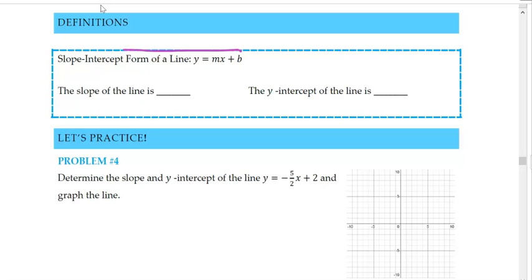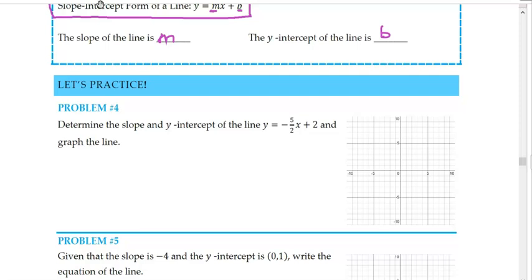All right, on this one, the slope of the line is m. Okay, not the x. The x isn't part of it. It's just the m. And then the y-intercept is this b. All right, so we can easily see the slope and the y-intercept. So that's why they call it this form.